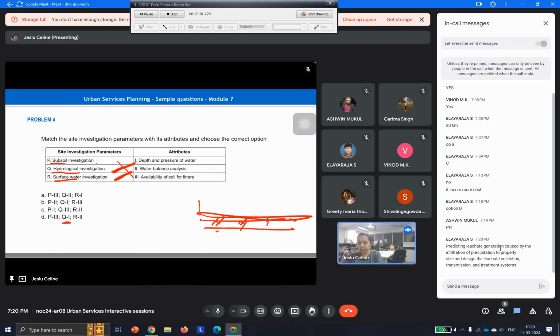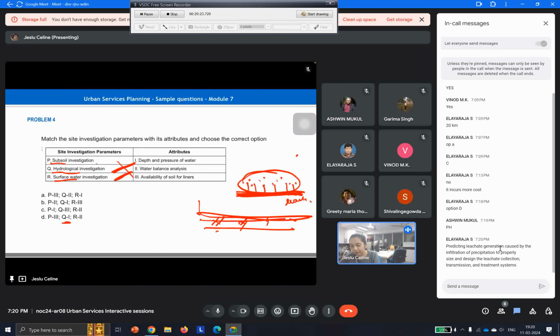So we know that leachate, what is essentially leachate? If we have some waste, it will have some moisture in it. Now, after some time, this moisture will settle down. And when this moisture settles down, that water which comes will be in the form of a very black liquid, because from all the waste, all the moisture is coming. So this is leachate.